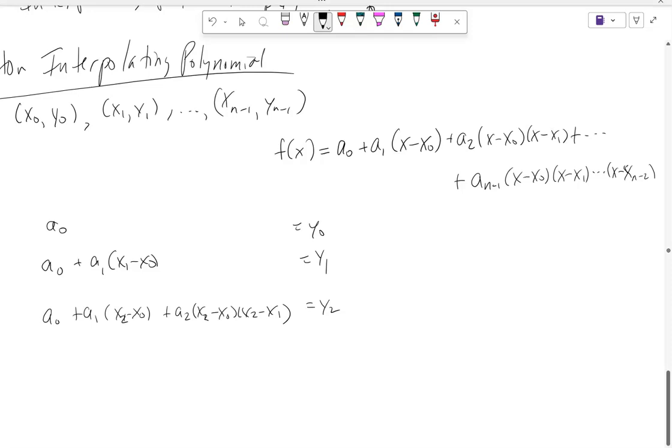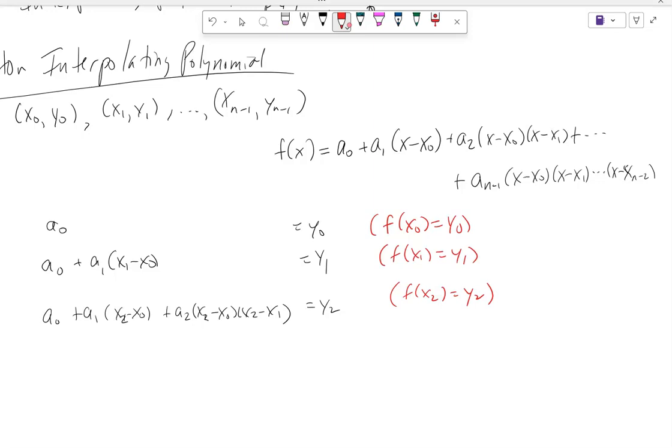Right? Just to write this off to the side, this one is f of x naught equals y naught. This is f of x1 equals y1. This is f of x2 equals y2. Right? Do you see where all the ones on the end are getting canceled out?